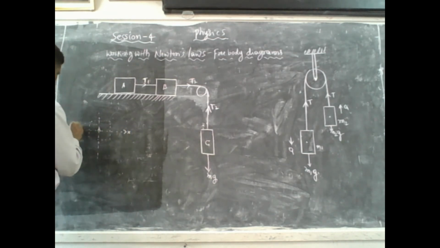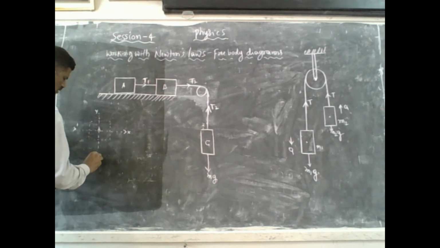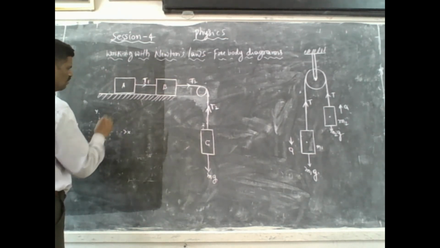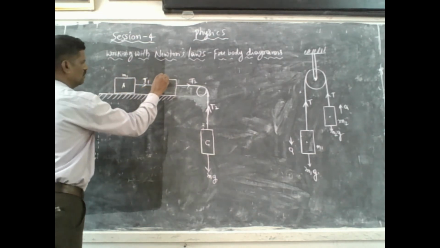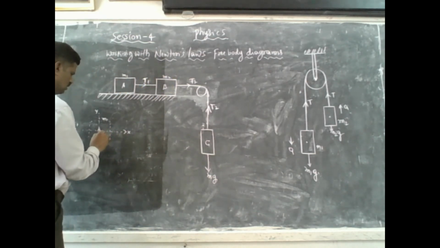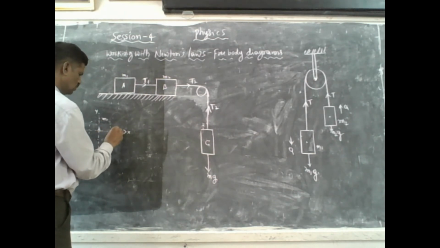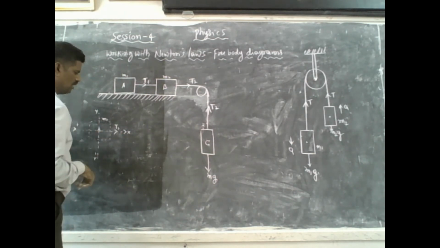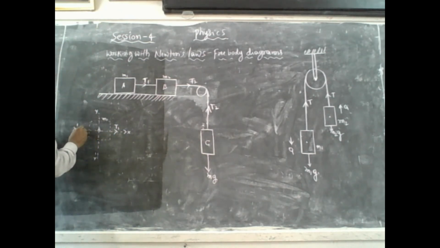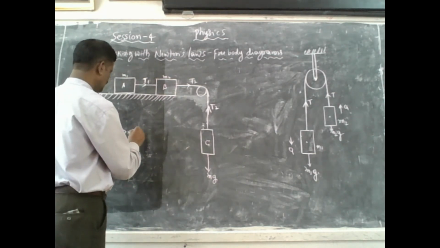This is x-axis, negative x-axis, and this is y-axis, this is negative y-axis, isn't it? Suppose it is having mass m1, this is m2, isn't it? And here we can show the tension T1 like this, T1, and also the frictional force is Ff in negative direction. Isn't it?